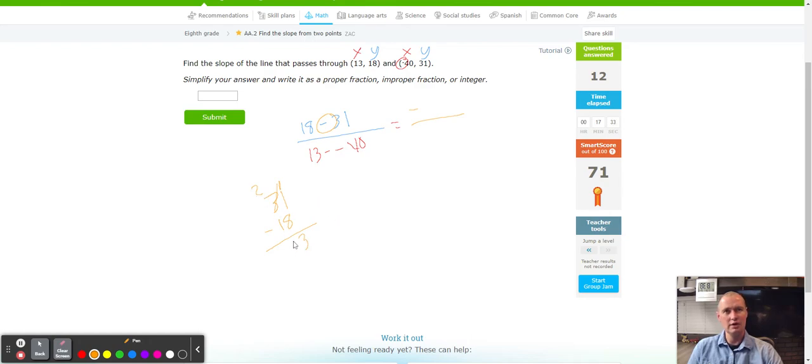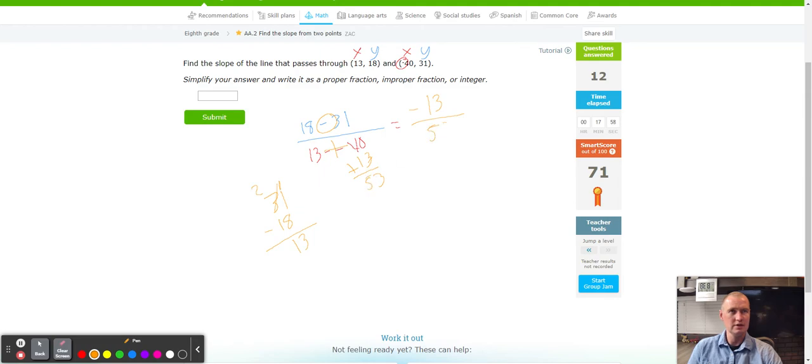And 2 minus 1 is 1, so 13. So we got 13 on top with the negative, since the magnitude of 31 is bigger. And the bottom is adding because the negative's opposite is add. So if I add these up, I got 0 plus 3 is 3, and 4 plus 1 is 5.